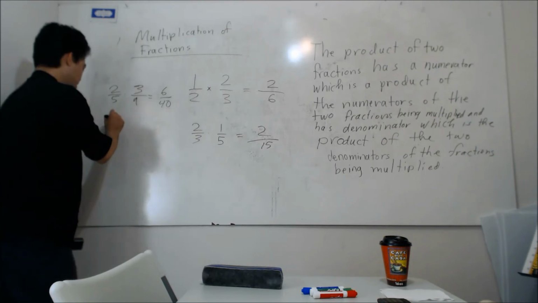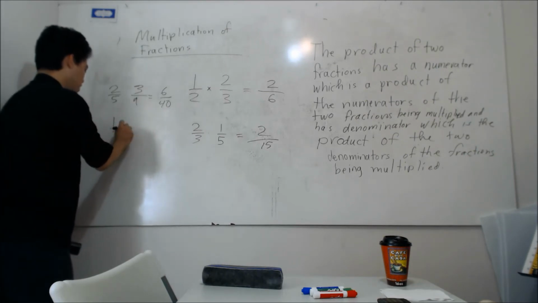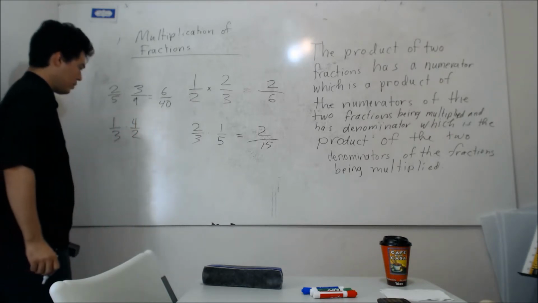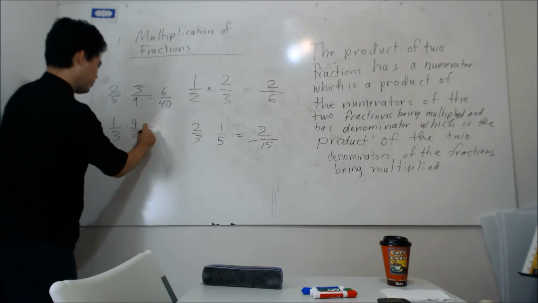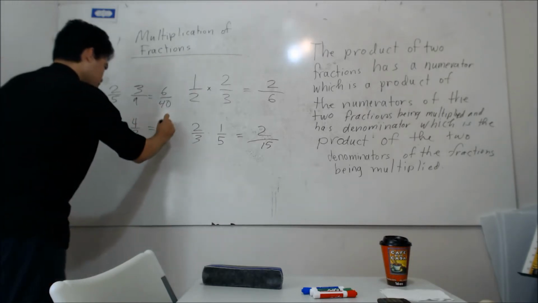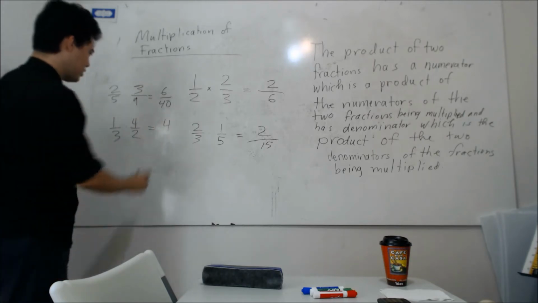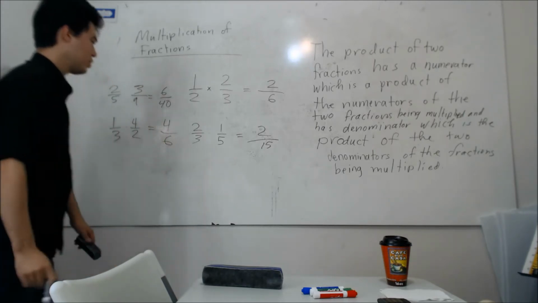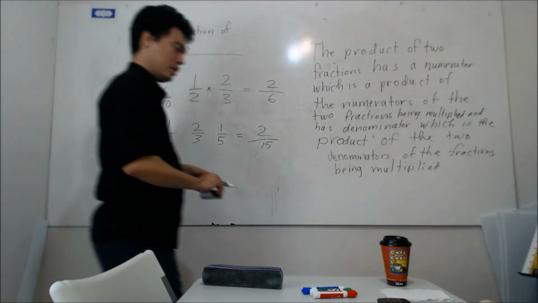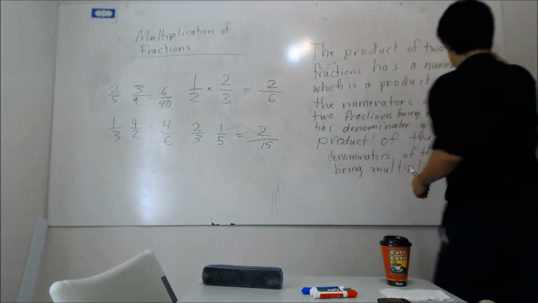And same thing over here. Let's do 1/3 times 4/2. It'll be 1 times 4, which is 4, and 3 times 2, which is 6. Okay. So this is how you multiply fractions. I mean, it's just that simple, believe it or not.